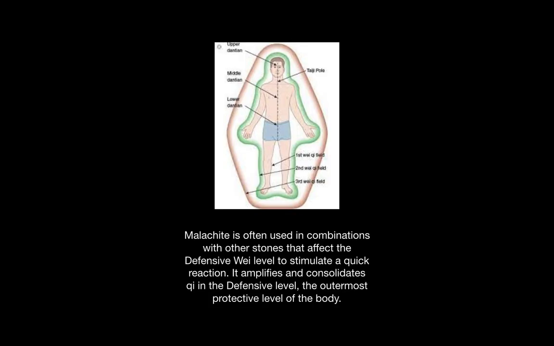And here are some popular combinations. This stone is often used with other stones that affect the defensive level in order to stimulate a quick reaction. It amplifies and consolidates chi in this outermost defensive level, the protective level.